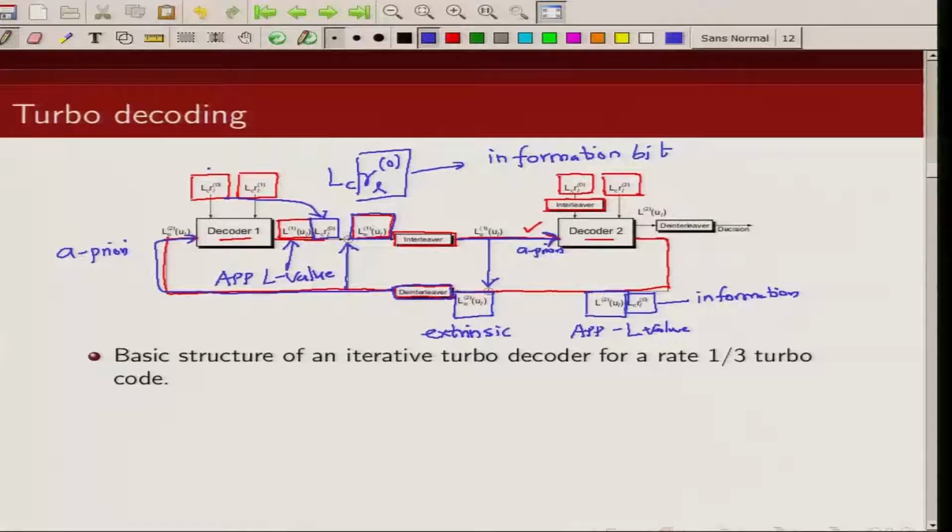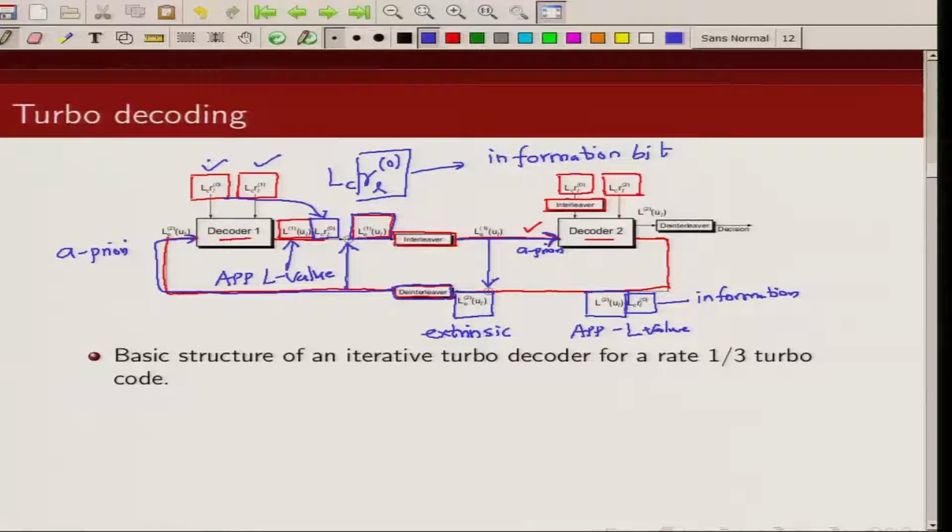Again, I will do a quick recap. Using the BCJR algorithm, I have some received values from the channel, which are this and this. Initially, I do not have any a priori knowledge about the information bits, so I assume they are equally likely to be 1 or 0. Decoder 1 will apply the BCJR algorithm, compute the APP L values and then the extrinsic L values.